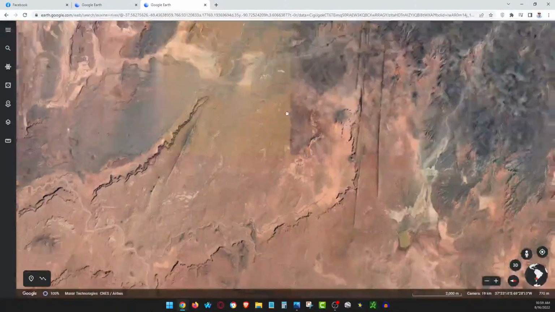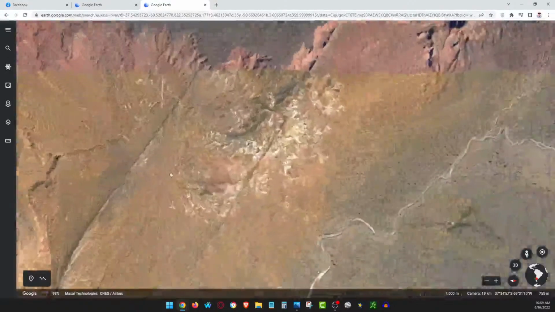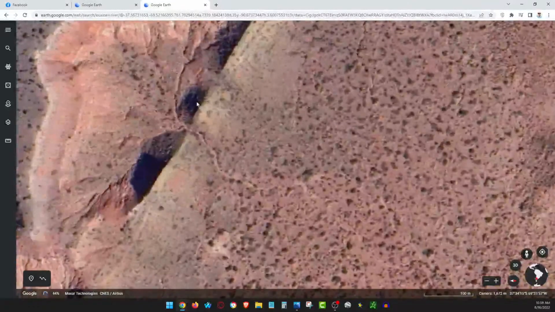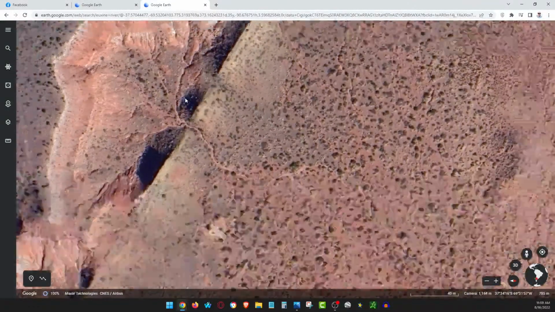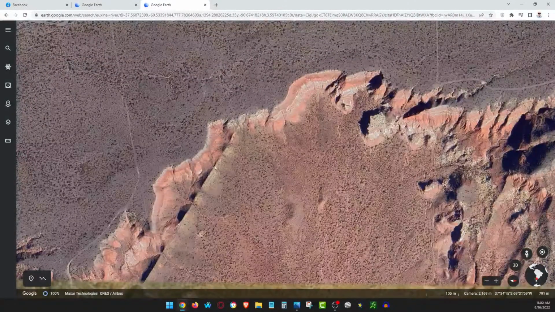And these things came straight out of this mountain here, this plateau. There's two more down here. And you can see it really clear, and it goes right up into, and look at that.